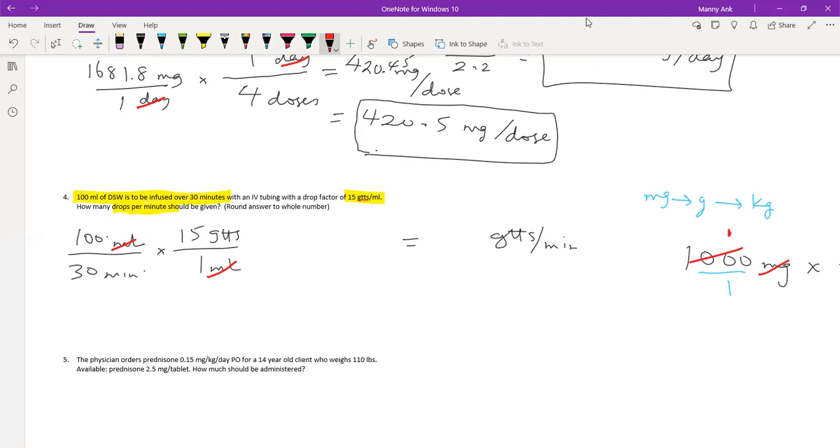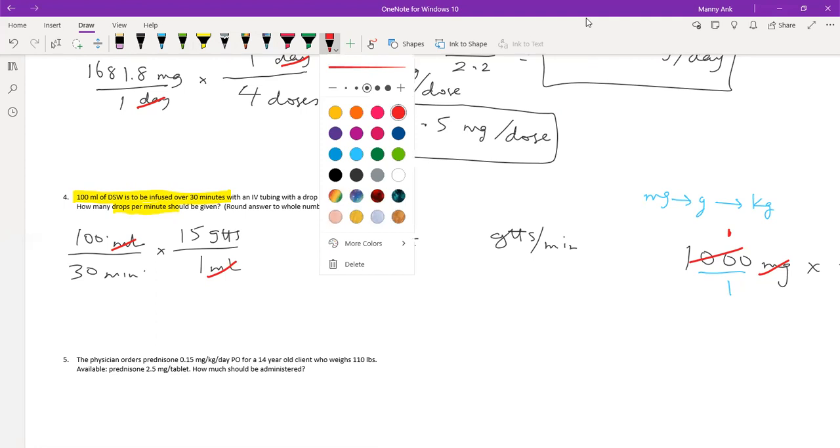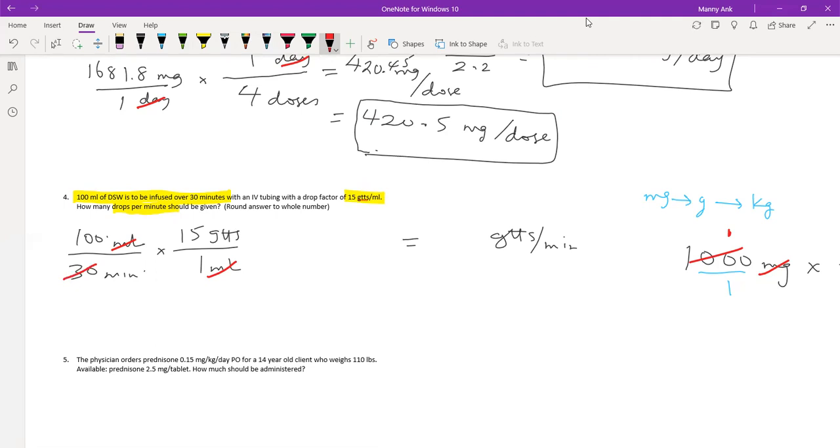So I have 100 times 15. Let's cross some zeros out. 30. 15 into itself is 1. 15 into 30 is 2. 2 into itself is 1. 2 into 100 is 50. So nothing else to reduce.